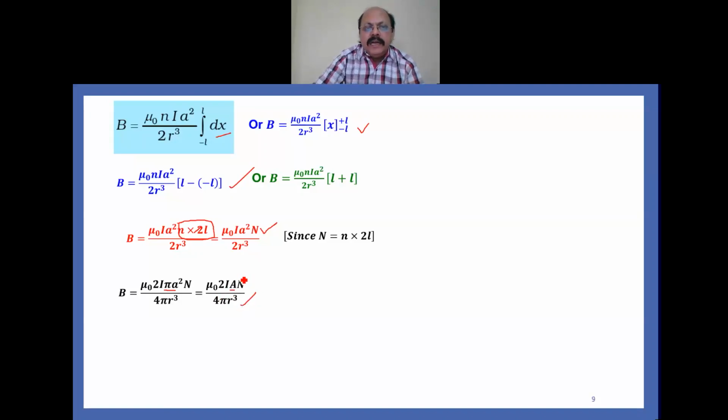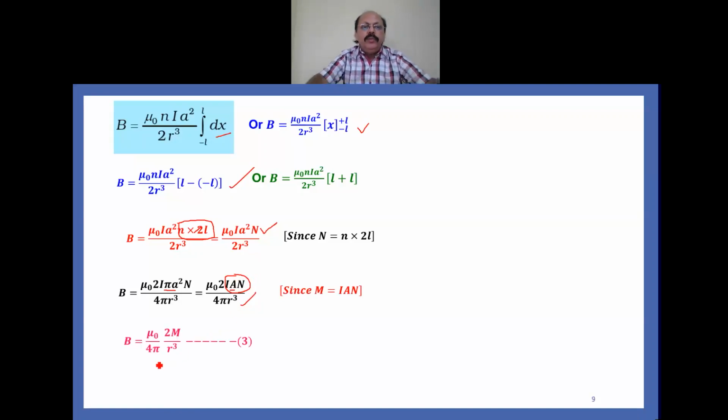Now what is this that you have already studied? I A N, that is magnetic dipole moment. So this equation becomes B equal to mu naught upon 4 pi, 2m upon r cube. This is the same result as we get for the magnetic field intensity at a point on the axial line of a magnetic dipole.